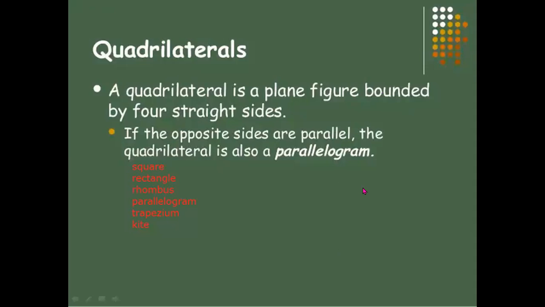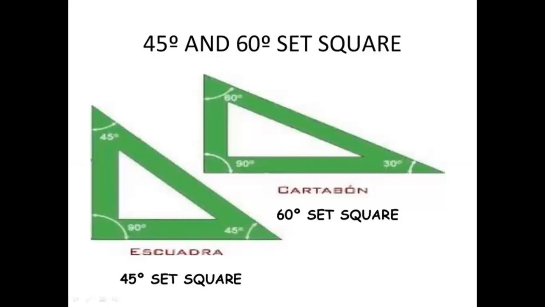Okay, going next. So here in our book, actually, we are going to use Geometer's Sketchpad. But since we have our workbook, we need to use these tools. All right, so we have this set square.